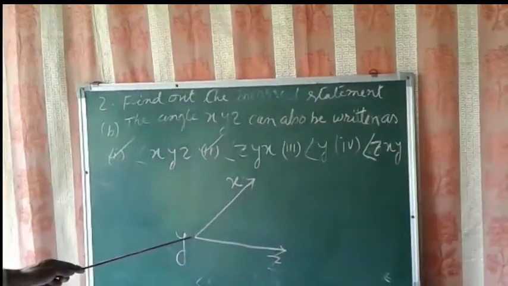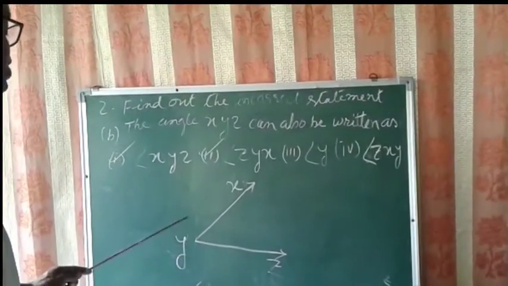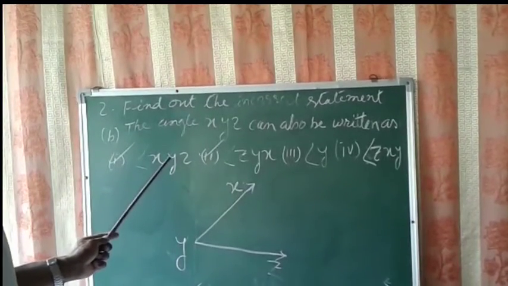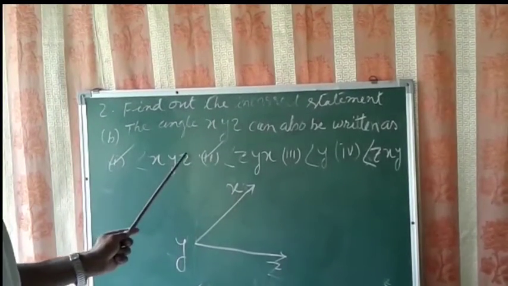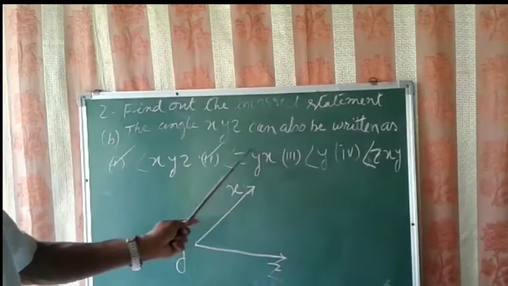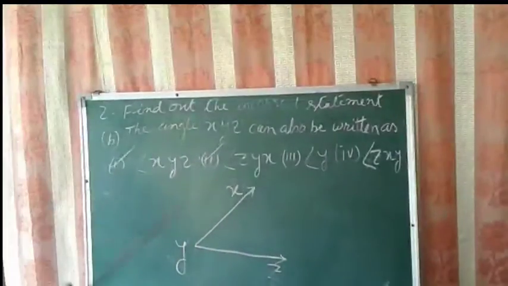This vertex point is Y, and this letter you have to write in the middle. Here Y is written in the middle of XZ, in either direction.